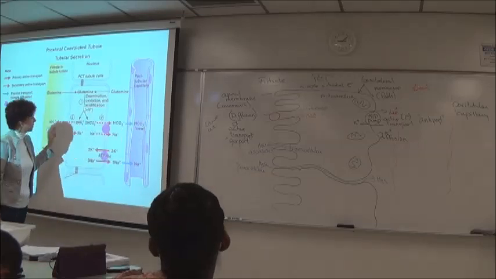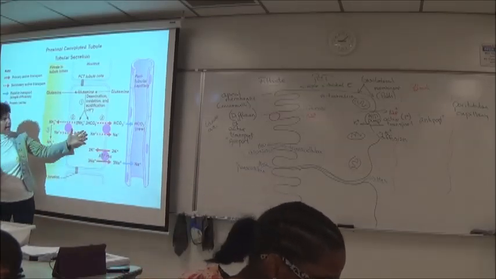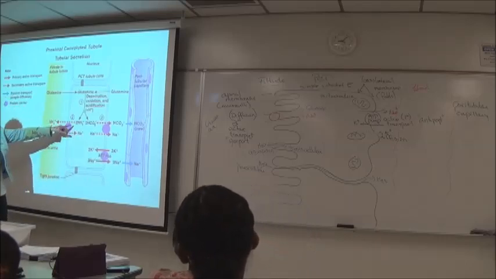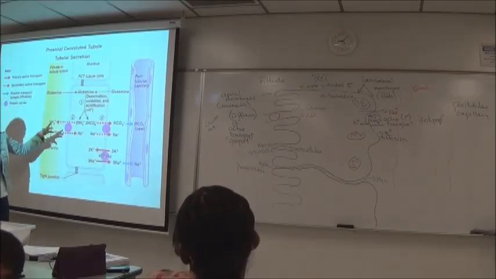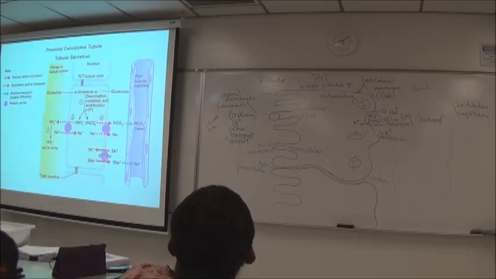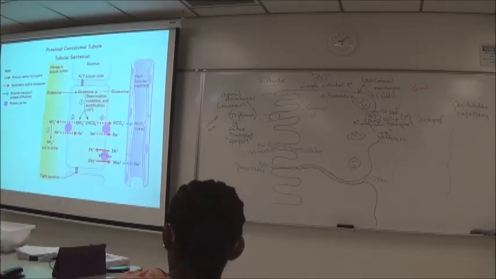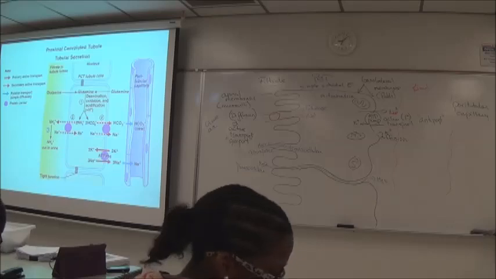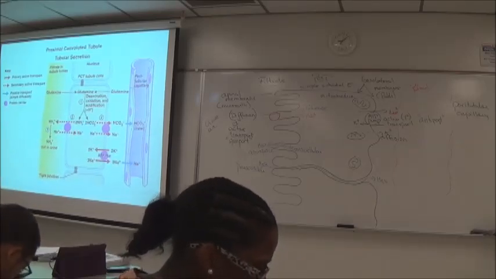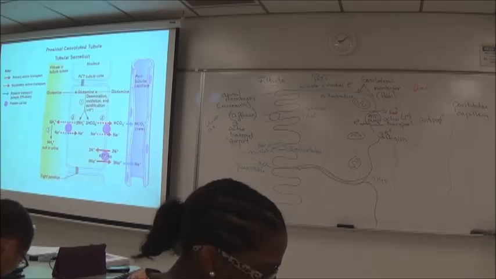Here, they're antiports, where the sodium is pulled into the cell via the primary active transport and exchanged for ammonium. So it's still secondary active transport, but in the opposite direction. So it doesn't have to be a symport, it can be an antiport. Right? And so this is a way of excreting additional nitrogenous waste products into the filtrate.